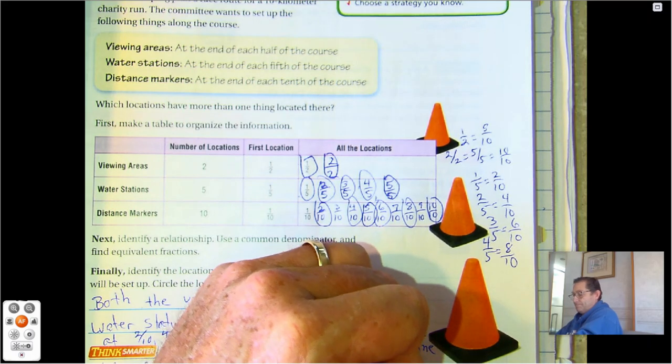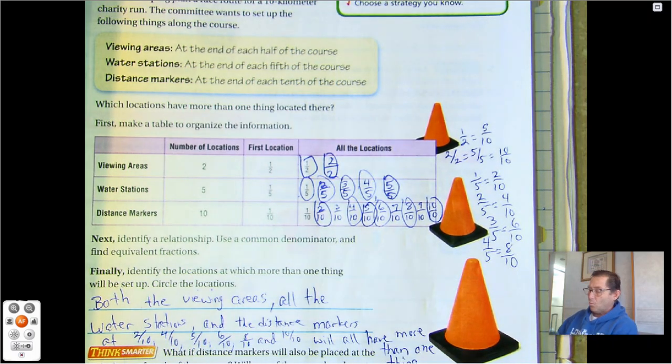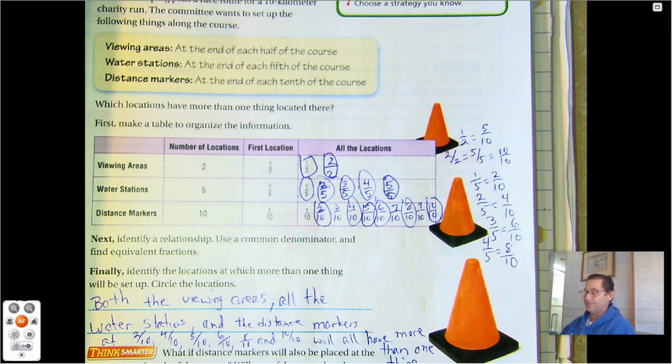What if distance markers will also be placed at the end of every fourth of the course? Will any of those markers be set up at the same location as another distance marker, a water station, or a viewing area? So fourths.